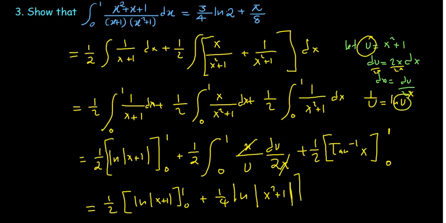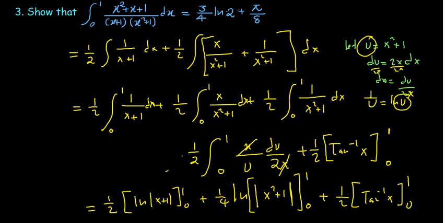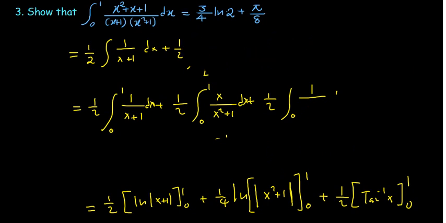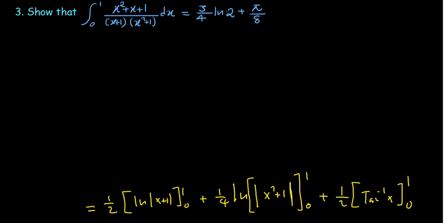And our limits here, we have got 1 and 0, plus the last one, which is 1 over 2 tan inverse of x, limits 1 and 0. Now we can go on and substitute our limits. Therefore this is going to give us 1 over 2.